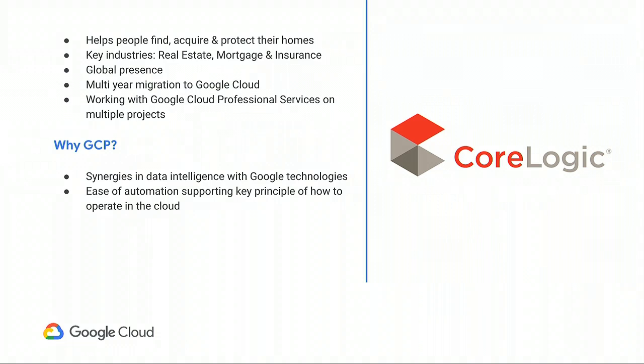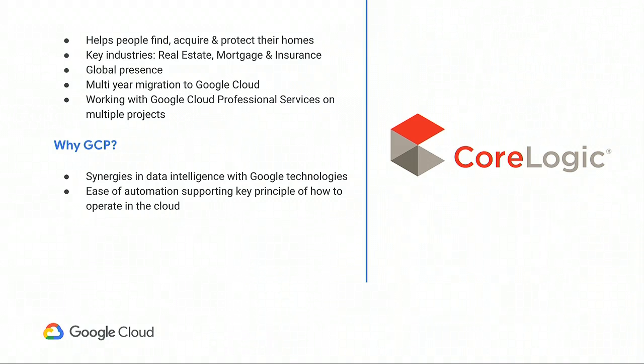So we've been working with the professional services organization in that endeavor, and they've been fantastic, especially as we've been pushing the envelope in some areas and engaging with their engineering teams and product managers. Ramsey asked me to post a couple bullets about why we chose the Google Cloud platform. CoreLogic, at its heart, is a data company. We have an enormous amount of property data detail, which we leverage in all of our products and services.